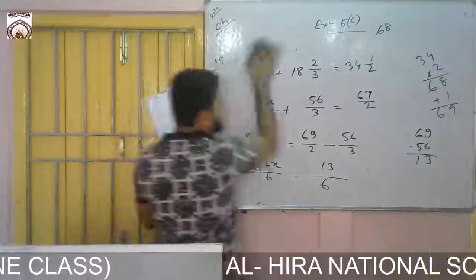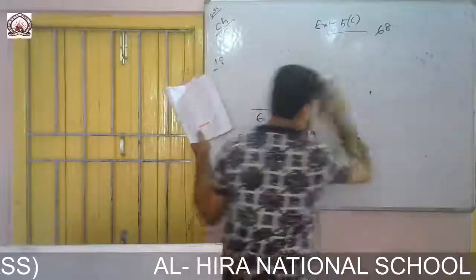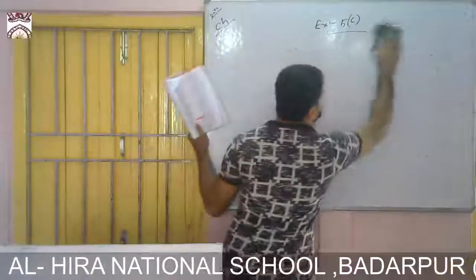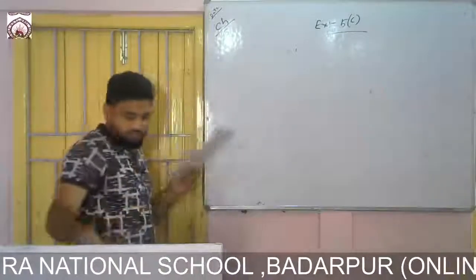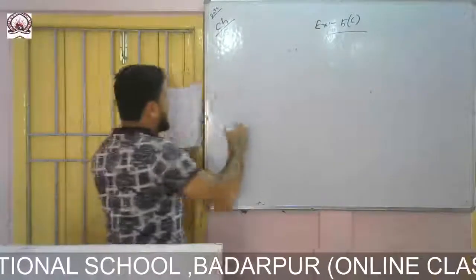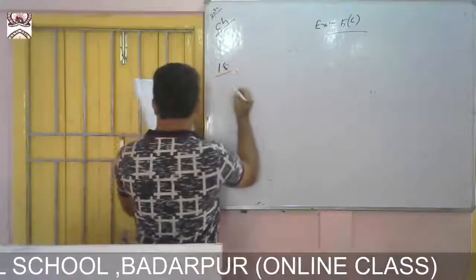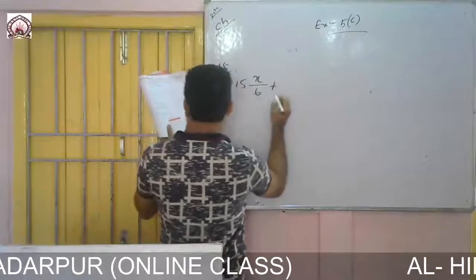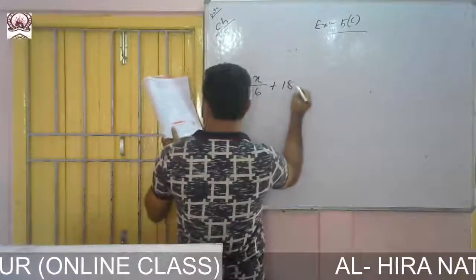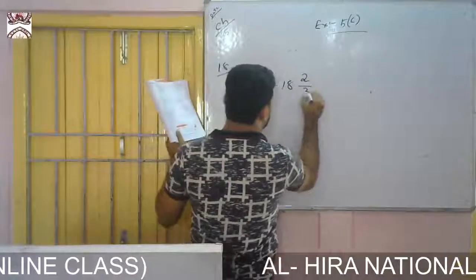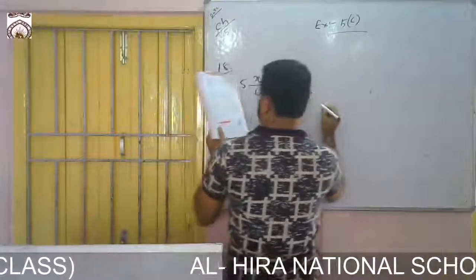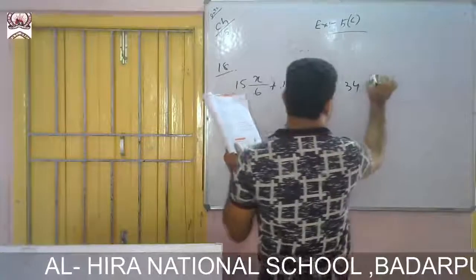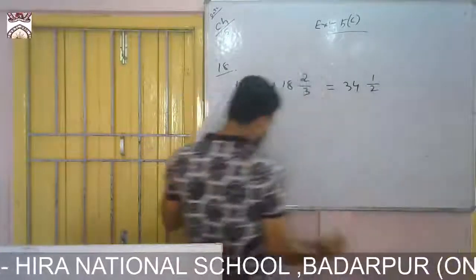Let me solve again this one. There is something wrong. Let me write 18. 15x by 6 plus 18 2 by 3 equals to 34 1 by 2.